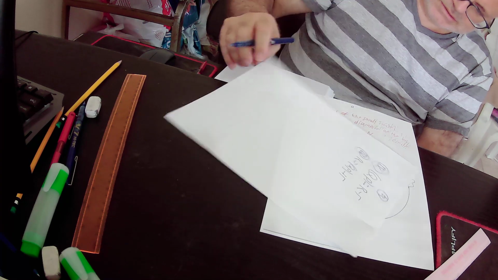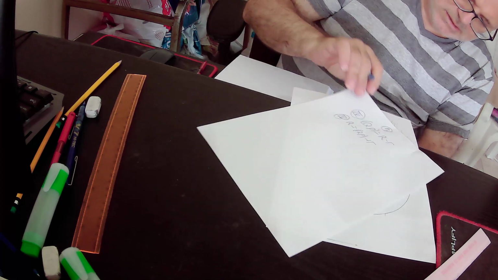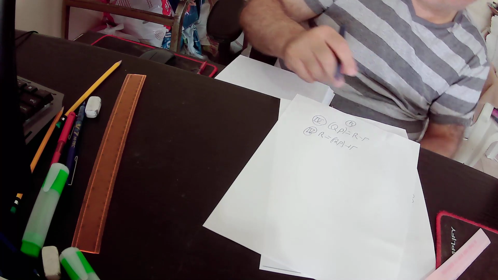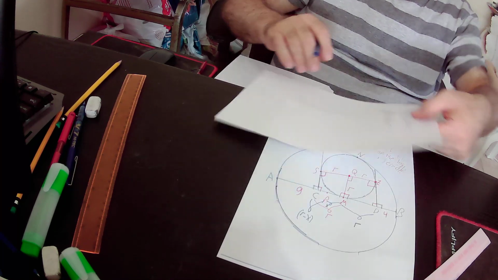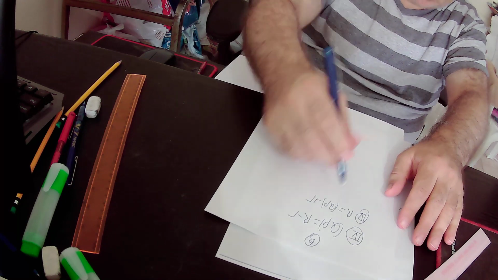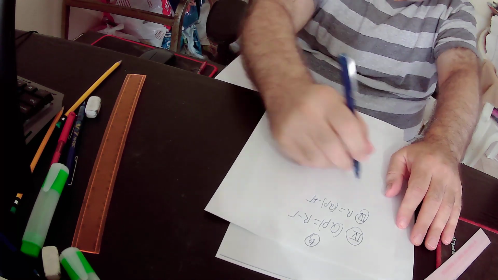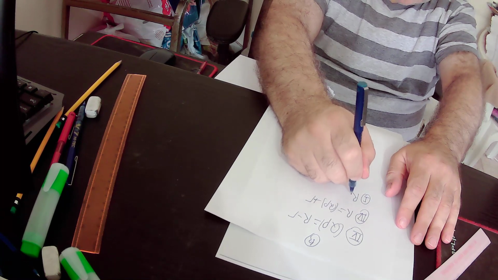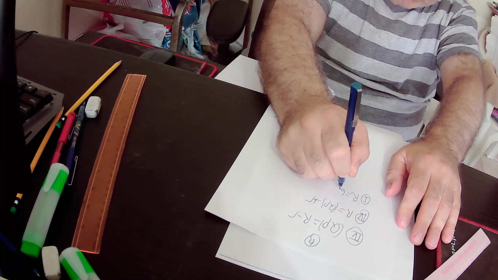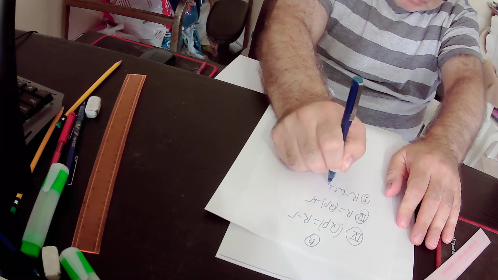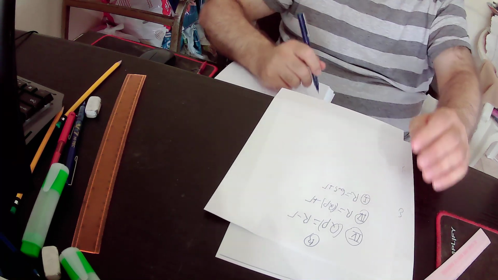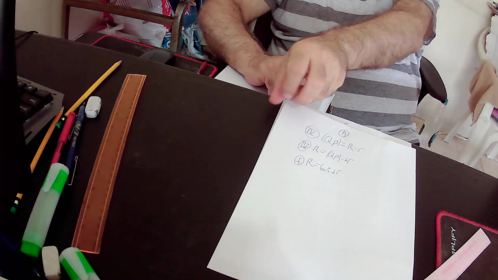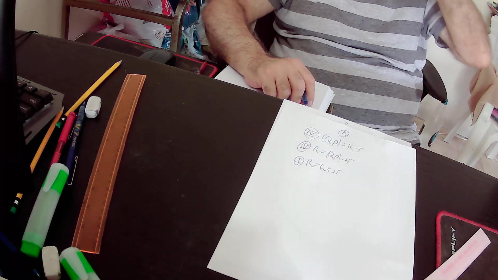Okay, we got this equality that says that capital R equals QP plus small r. Okay, but we have already found out in equation number 1 that capital R equals 6.5 plus small r. So actually we have two expressions for the same radius.